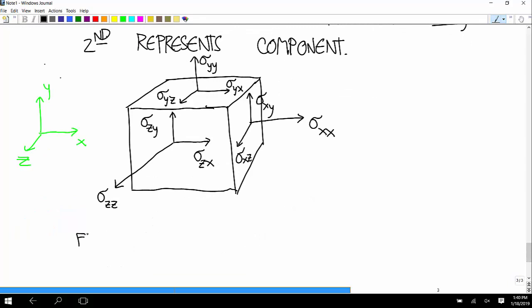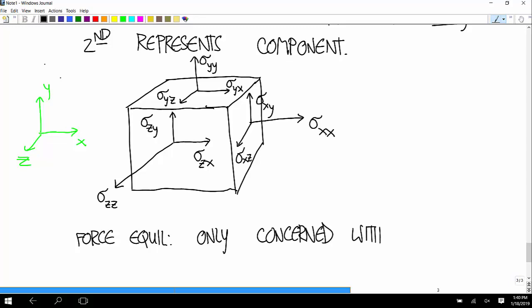So force equilibrium says we only need to worry about those, just to deal with the positive faces. Because once we know the values at the positive faces, we know what the values on the negative faces have to be. Okay?